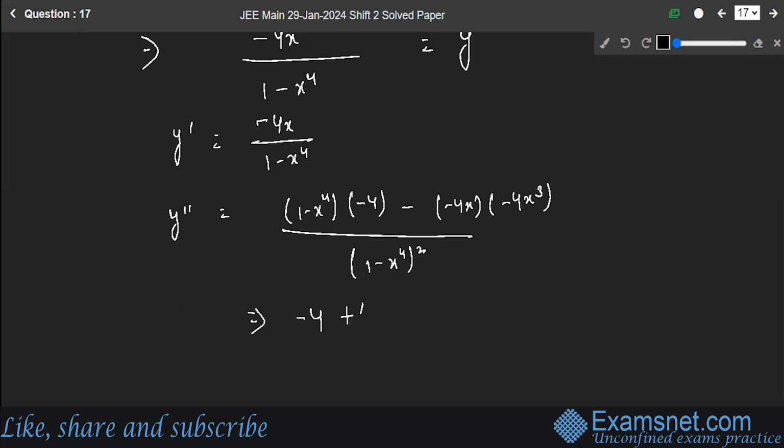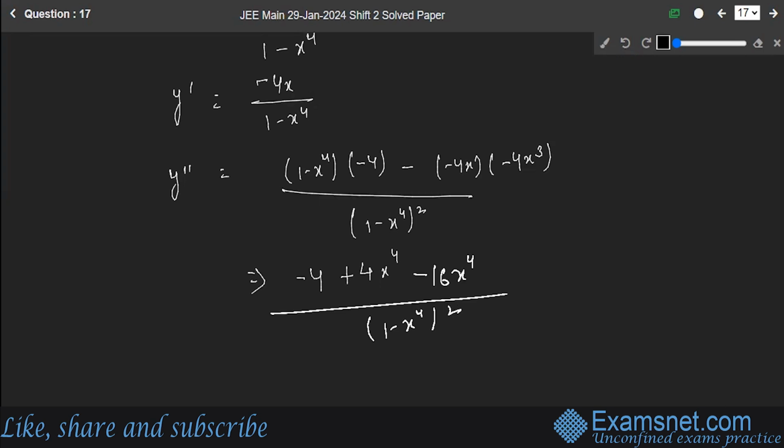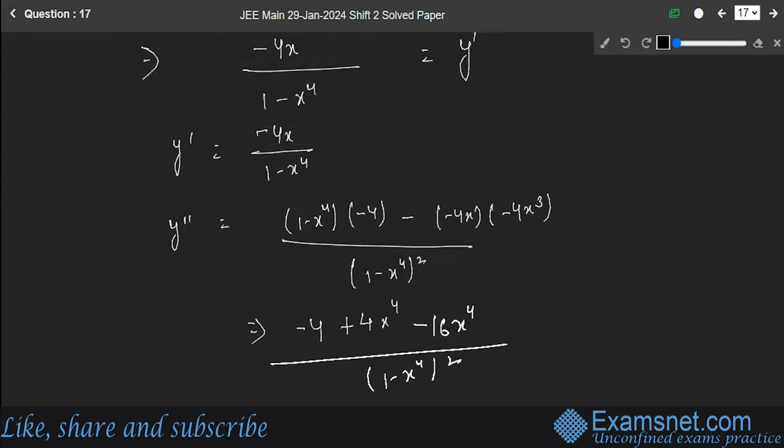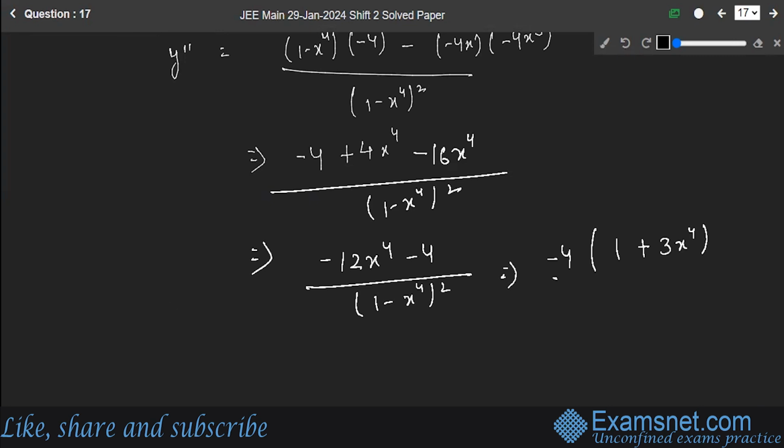So you have minus 4 plus this, minus 16x power 4, whole divided by this thing. So it will give me minus 12x power 4 minus 4 upon (1 minus x power 4) whole square. Let's take minus 4 common. You will have (1 plus 3x power 4) whole divided by this thing.